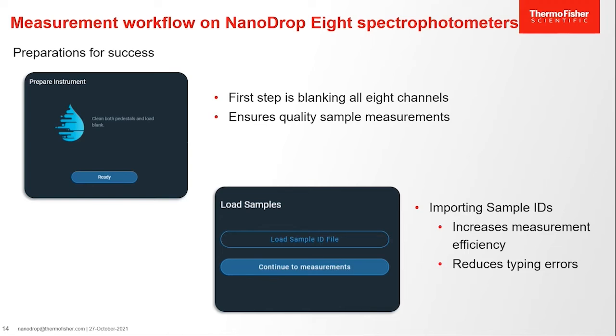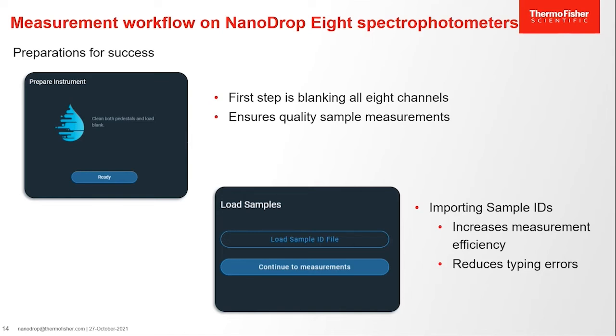The next step is the ability to import sample IDs. And so what you can do here is pre-populate a text file with all of your sample IDs. And when you get to this step in the process, you can click on Load Sample ID File, navigate to that file, and go through a couple of screens to identify where in the file those sample IDs lie and import all of those.